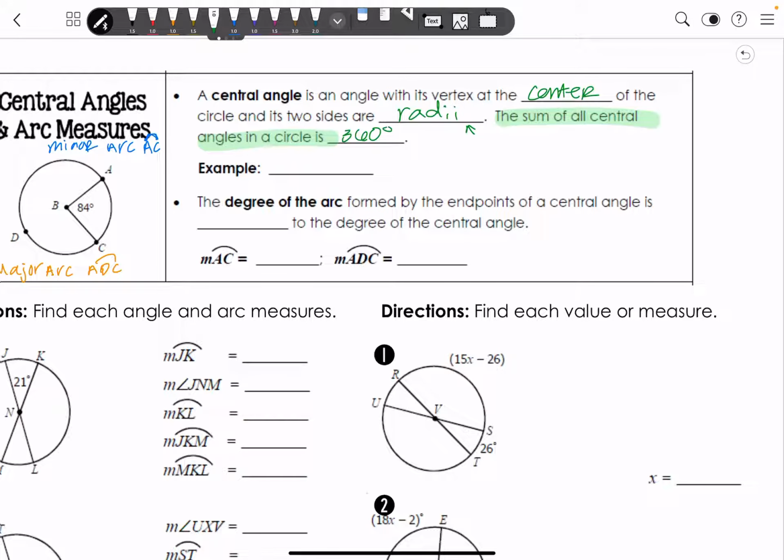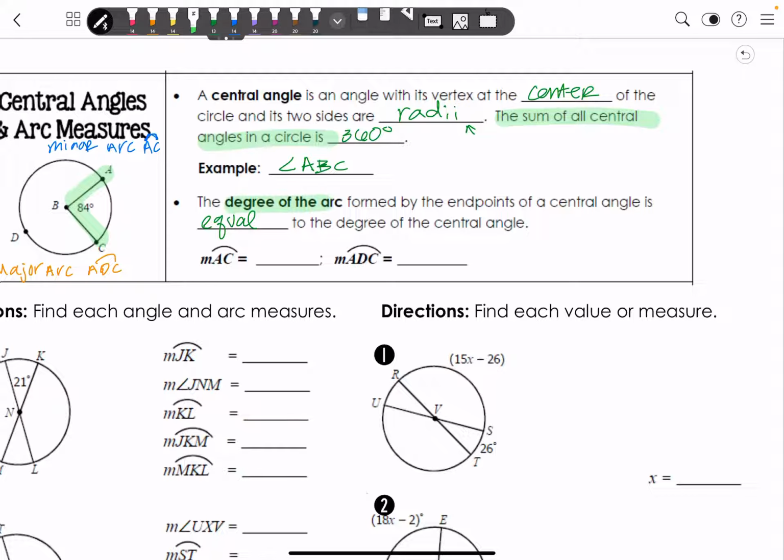So an example of a central angle on the circle you've been given is angle ABC. So if you're highlighting and color coding on here, that would be this one right here. The degree of the arc formed by the endpoints of a central angle is going to be equal to the degree of the central angle.